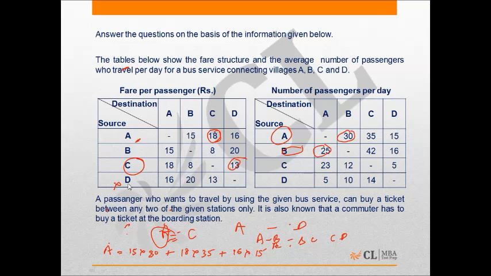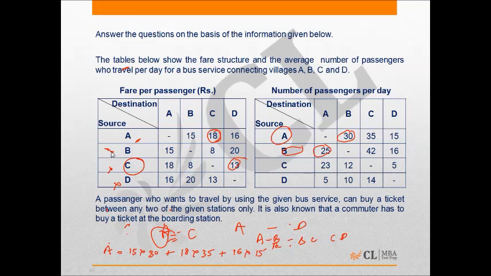Similarly, we can say the same for station C: the fare is not that competitive as it is from A to other stations, but the number of passengers is even lesser, so there is no likelihood that C could be the station where maximum collection takes place.